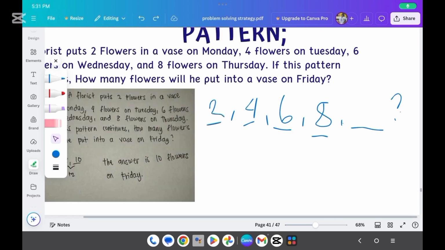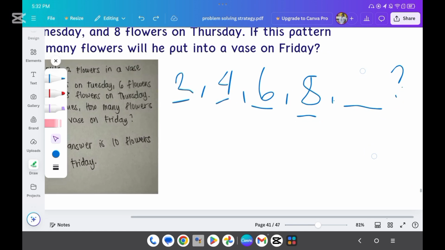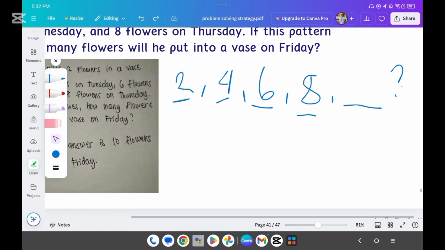So each day, the florist adds two more flowers to the vase than he added the day before. So the pattern is counting by 2.